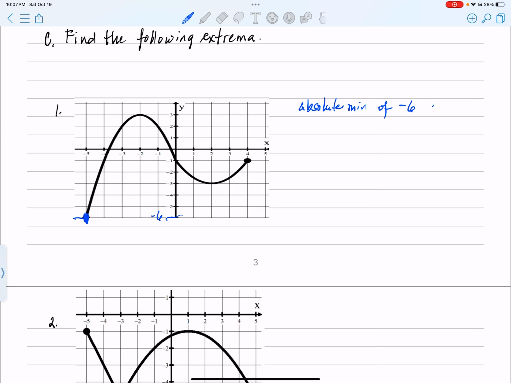When the x value is -5, this point is located at (-5, -6). That is the location of the absolute minimum, or when you say global, for another term. How about, do we have an absolute maximum?